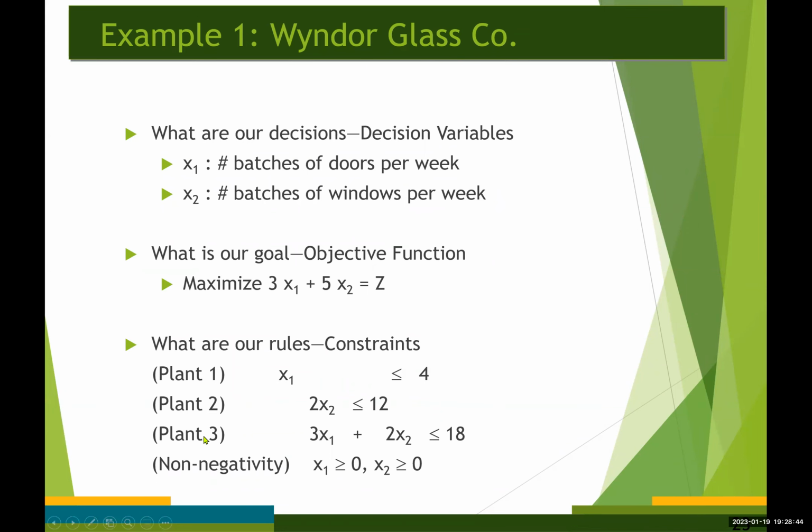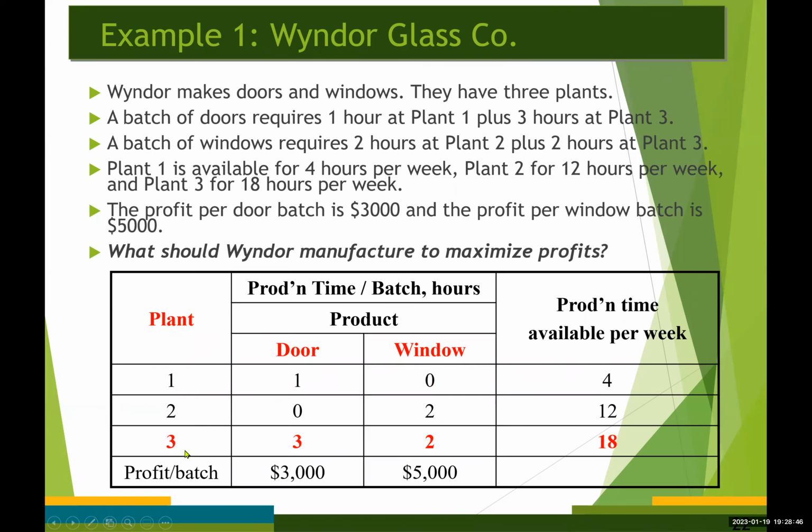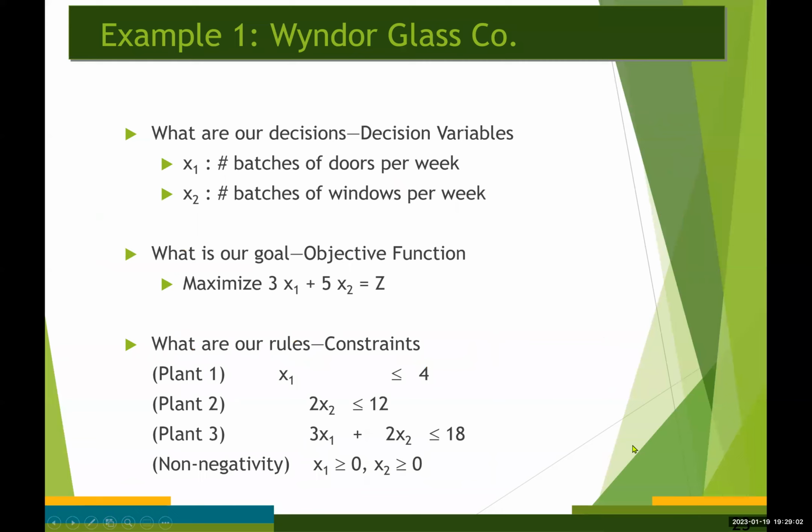And for plant number 3, likewise, 3X1 plus 2X2 must be less than or equal to the available hours for that plant, which is 18. So that's why we have these 3 constraints, one by one.